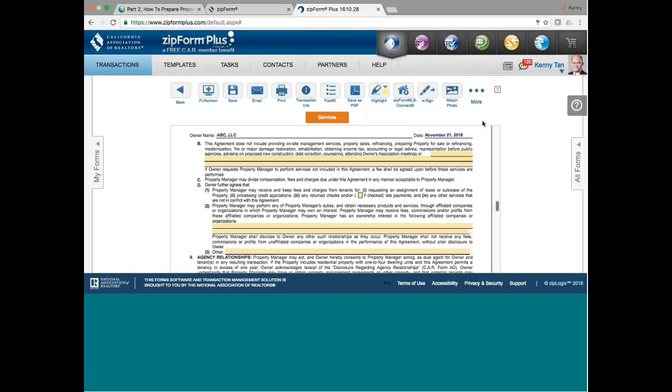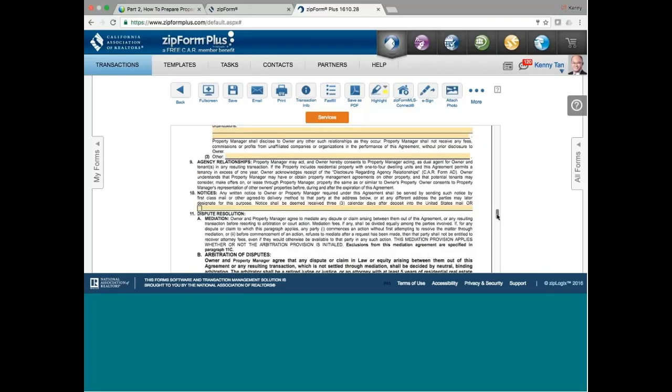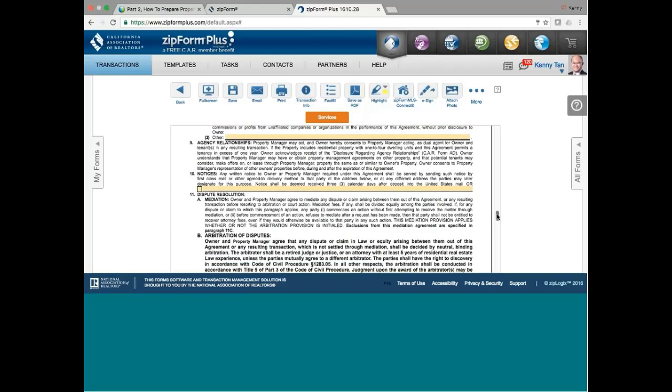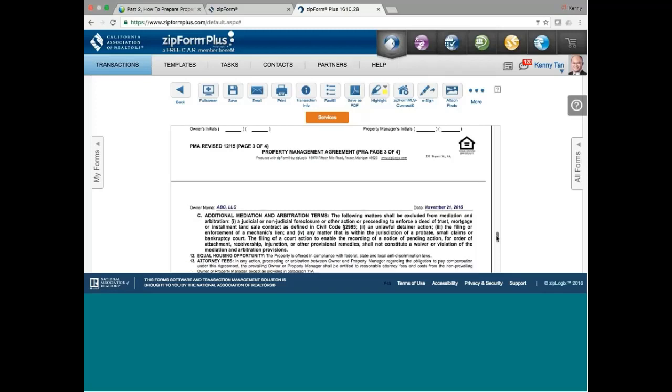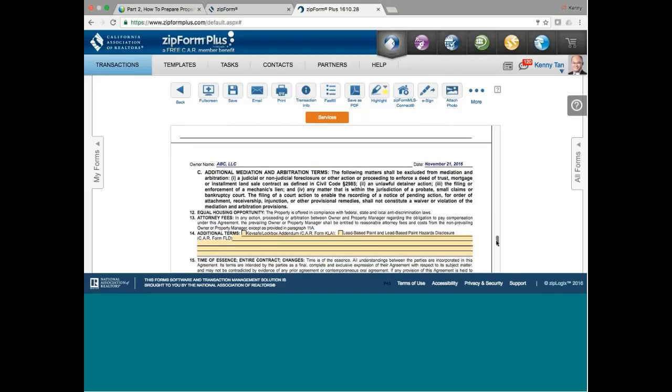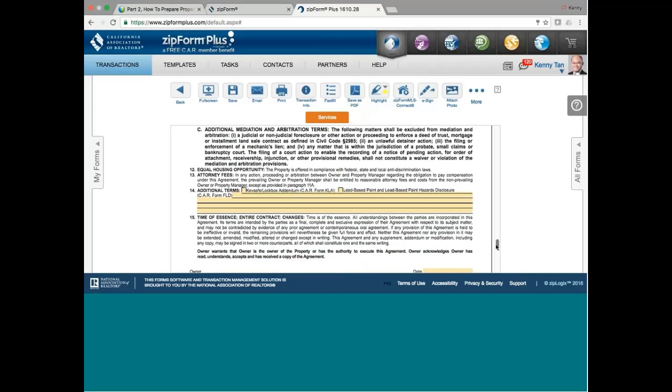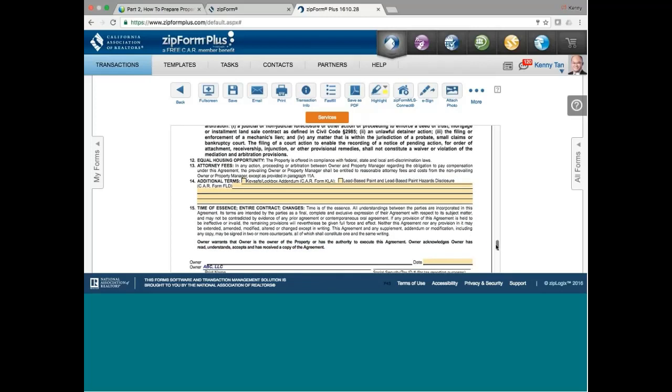Okay, but there's a bunch of stuff that we are not responsible for. It's all spelled out. Agency relationship, I don't need to go over that. Dispute resolution, I do not need to go over that. That's standard. You guys know that already. Attorney fee provision, that's standard. These are all standard. Now, if you have any other additional terms, you can always add them here.